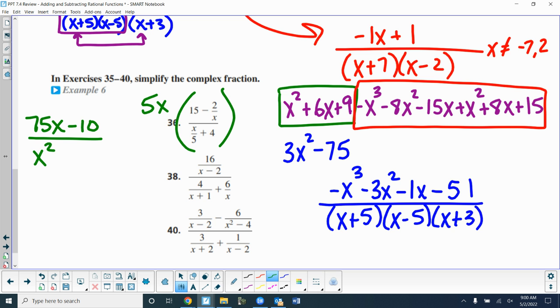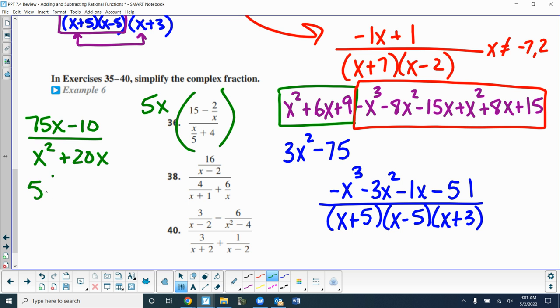All right. What's 5x times 4? 20x. So there's our answer, but we should see if we can simplify it. Factor the top. 5's the GCF, right?